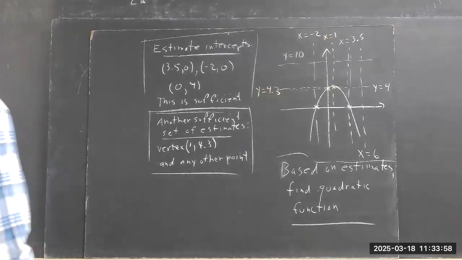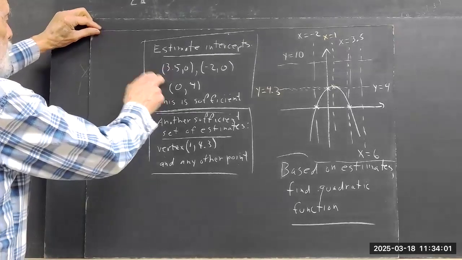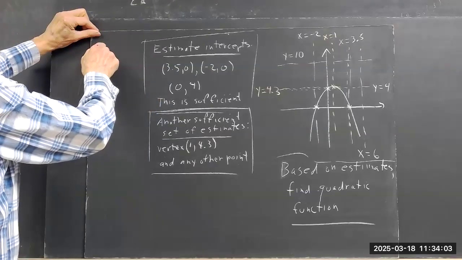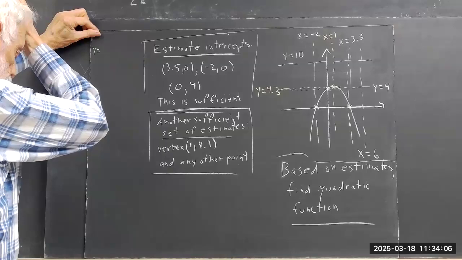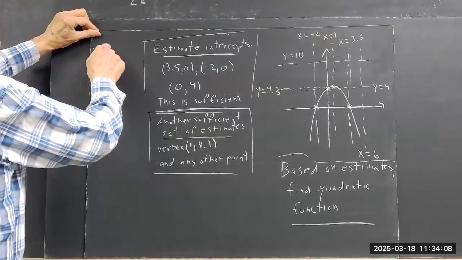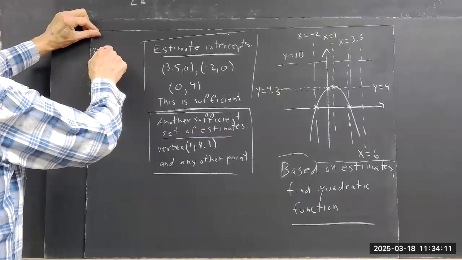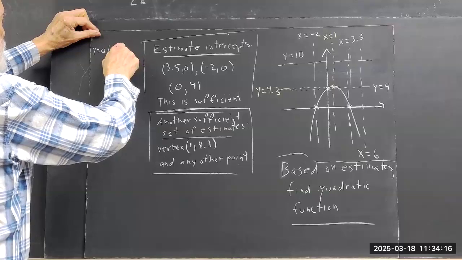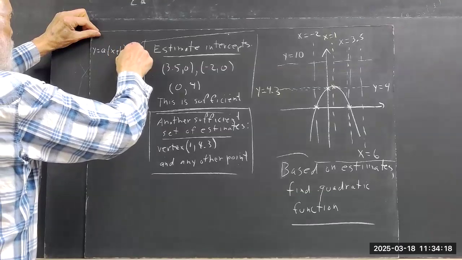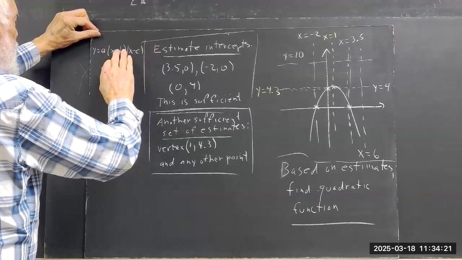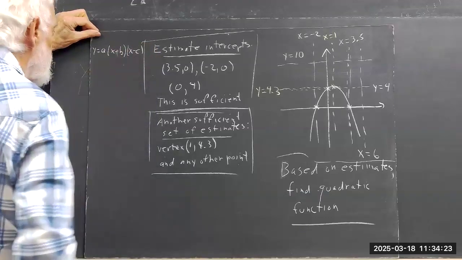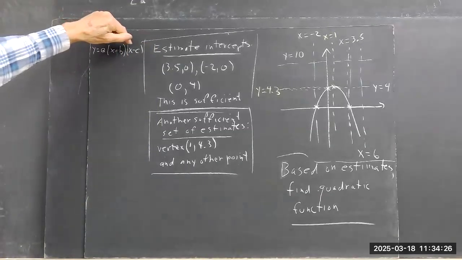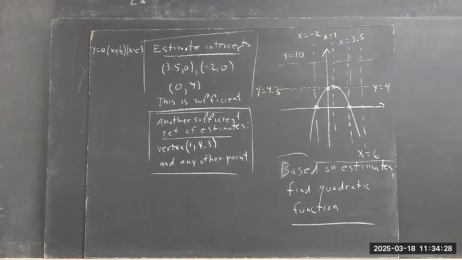Well, this is because using this form, you know that y should equal, figure out what numbers to use here. y could equal a times (x minus b) times (x minus c). That's one perfectly good set of coordinates.